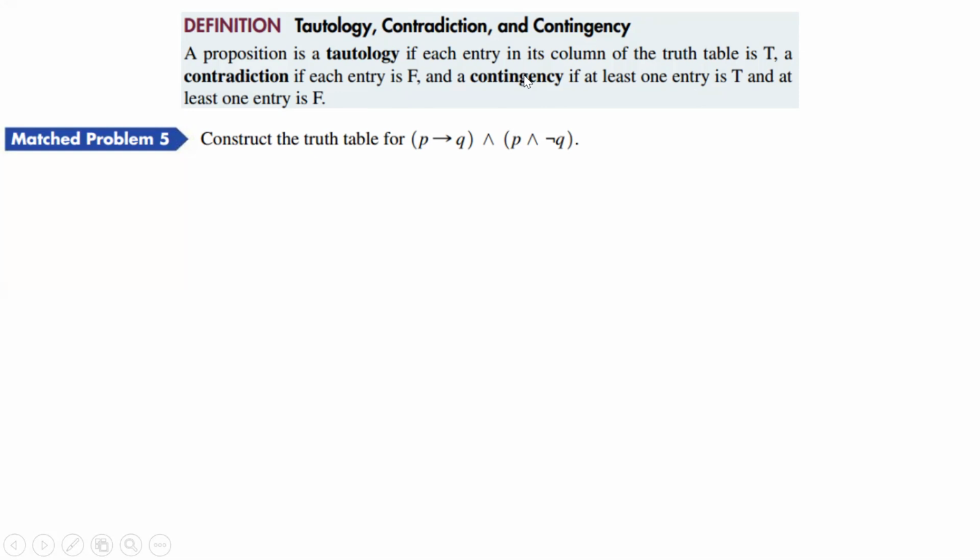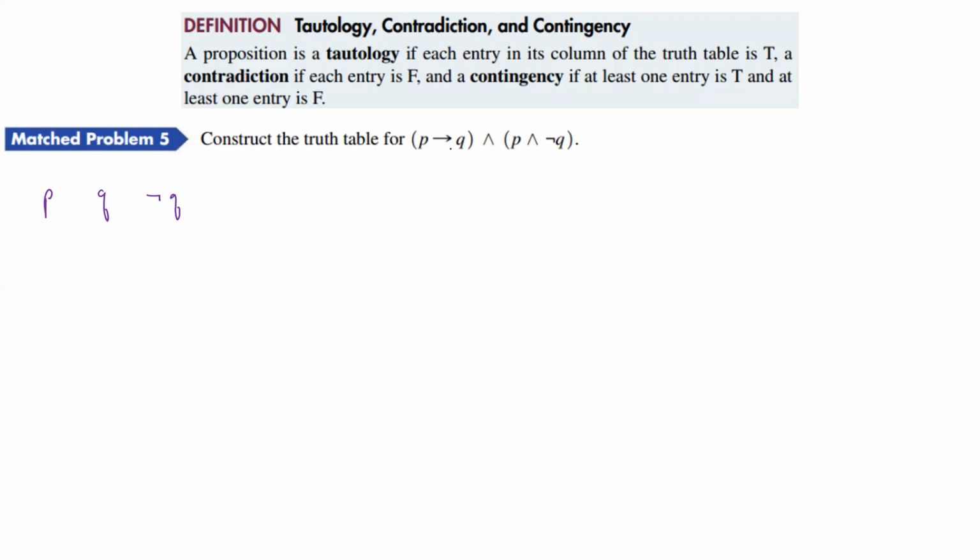All right, so while we're here, let's go ahead and do this next problem. And so what we have is we have the if P then Q and P and not Q. All right, so we're going to start as always. So we're going to have P, Q. We're also going to need a not Q. Let's see what else we're going to have here.